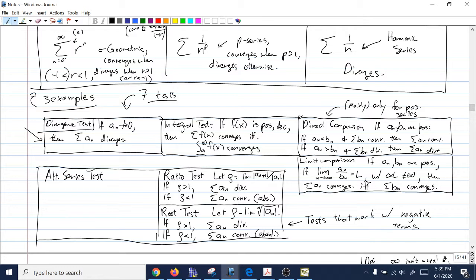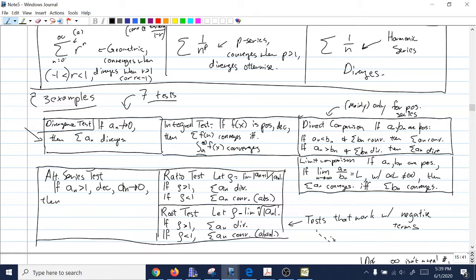The alternating series test. If an is positive, decreasing, and an goes to 0, notice that these are independent. A sequence can decrease but not closer and closer to 0. A sequence can be positive and approaching 0 but still not be strictly decreasing.